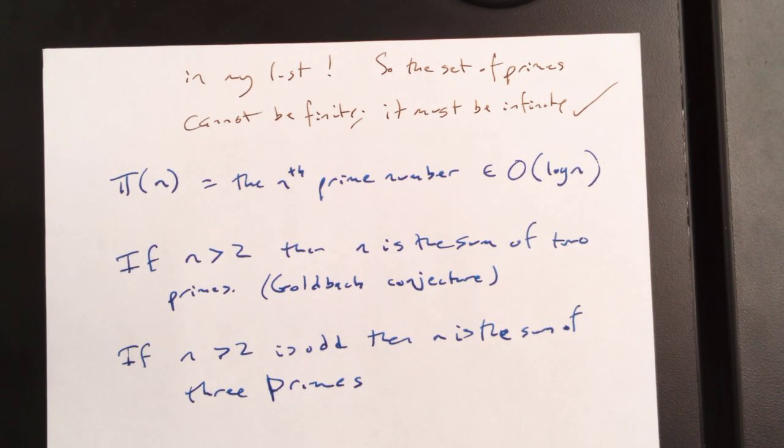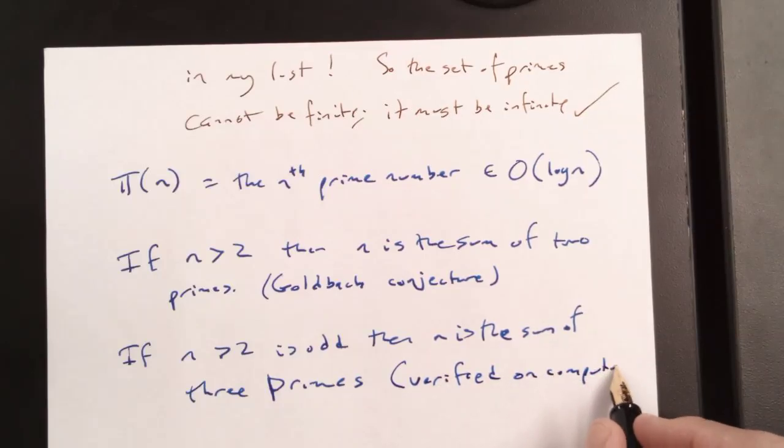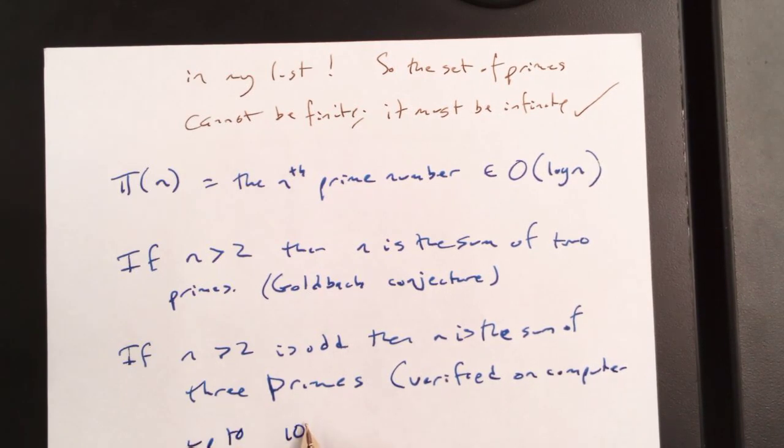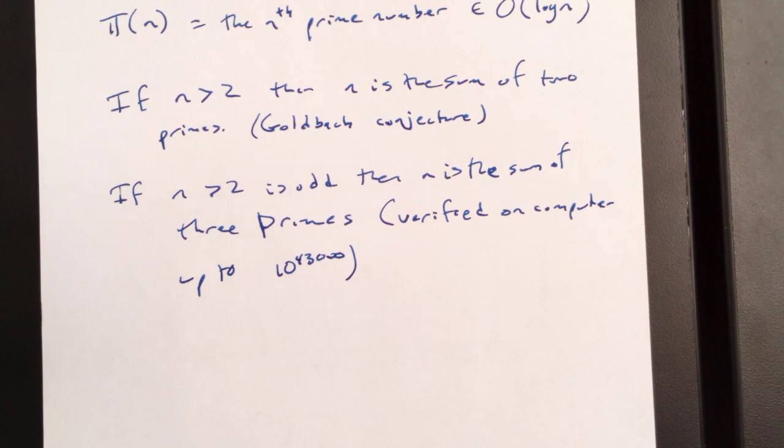By the way, this is known to be true for numbers up to 10 to the 43,000th power, numbers of 43,000 digits. That's true. Every odd number can be written as 3 primes added together.